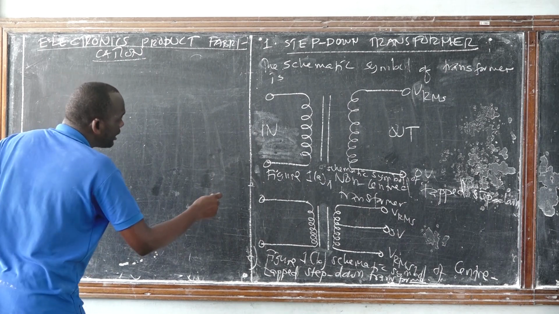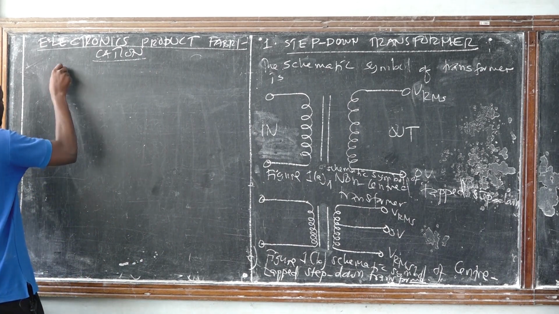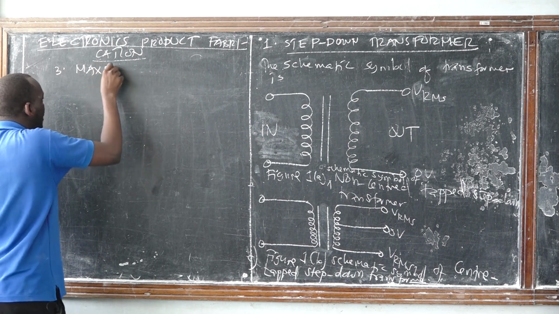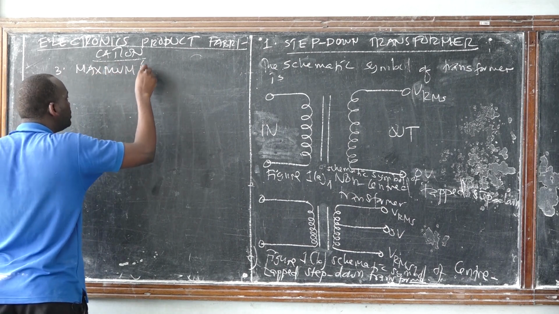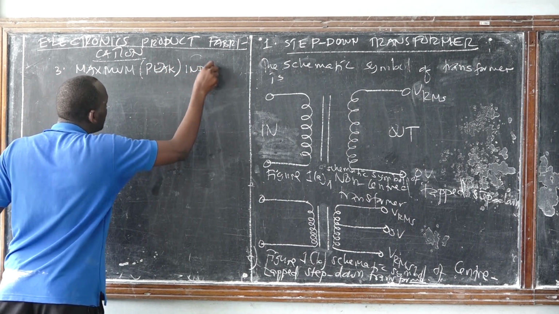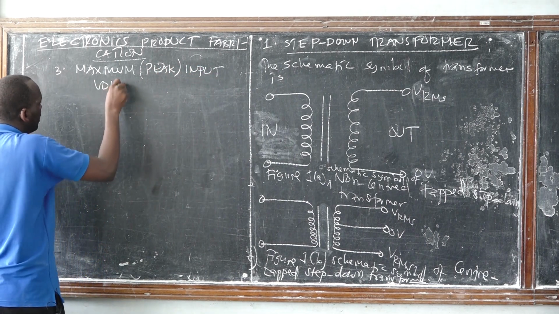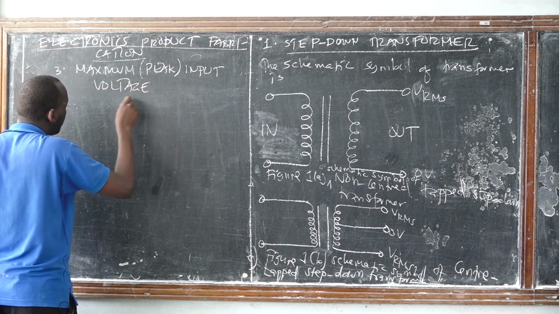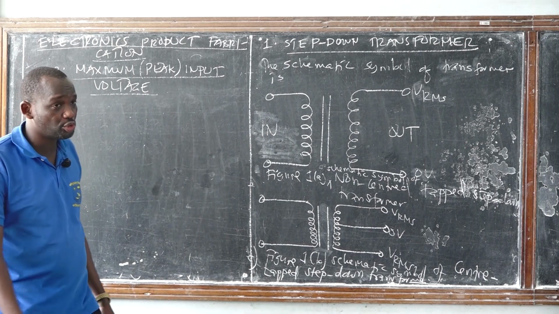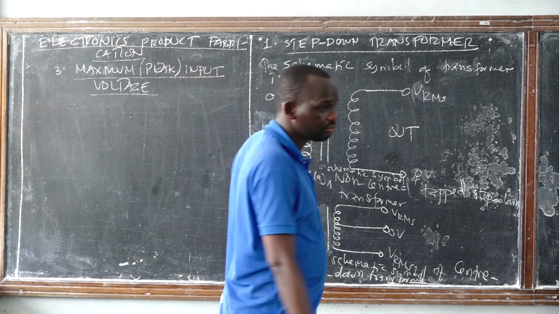So the third input parameter is called the maximum or peak input voltage. This one is not written on the top of the transformer, but you sometimes have to know it because it might help you.